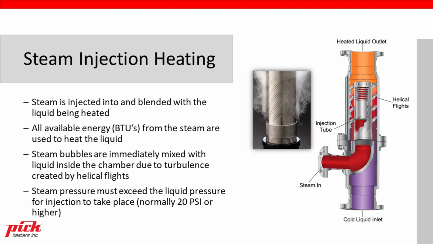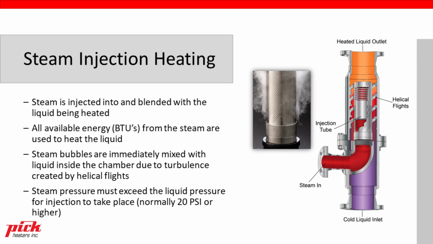And with steam injection, all the available energy, or BTUs, from the steam are used to heat the liquid. So those steam bubbles are immediately mixed with the liquid inside the chamber, and there's mixing vanes that we call helical flights that add a slight amount of turbulence to that cold water and the steam, so that it mixes right then and there inside that chamber.